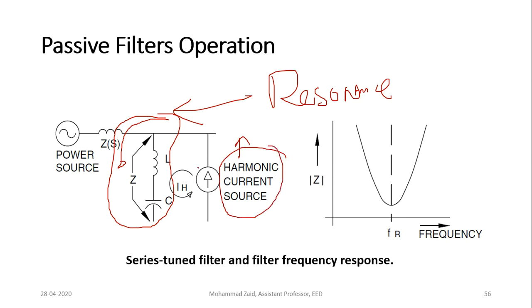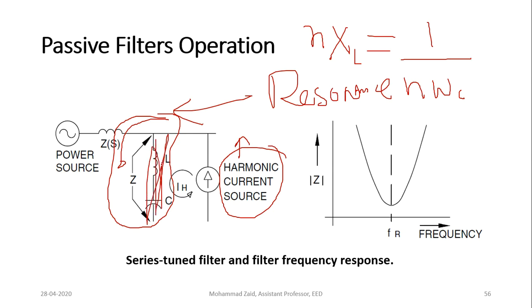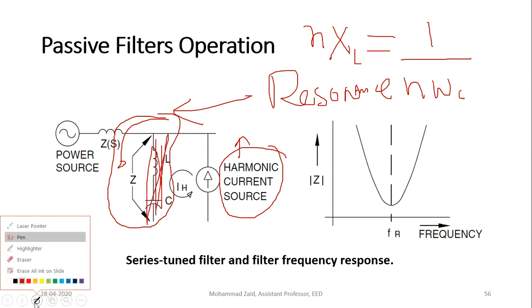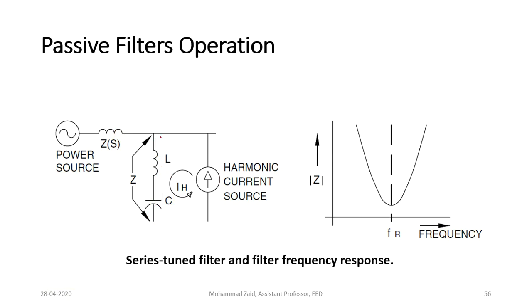That means if the fifth harmonic frequency is to be eliminated, then if n times XL is equal to 1 over n times omega C, then for fifth harmonic current, this branch will act like a short circuit. That means it will be giving a very low impedance to that. The whole branch will be acting as a short circuit for fifth harmonic.